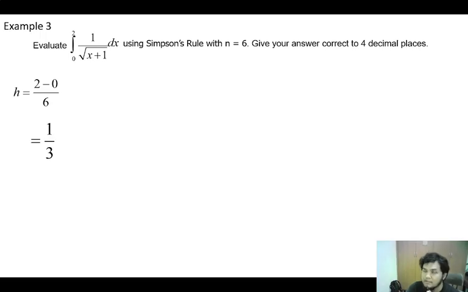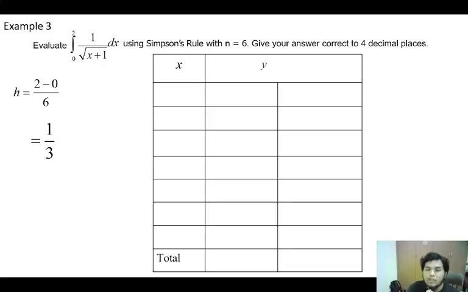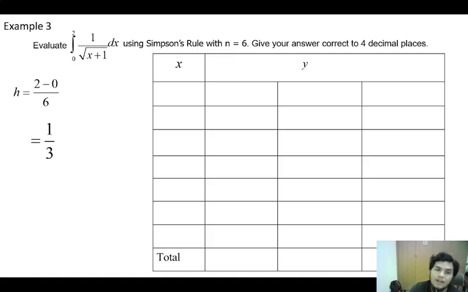From the last method of trapezium, we will draw this kind of table. We have x column and 2 columns for y, but for Simpson's rule, we will extend the columns of y to become 3 columns. Later I will tell you why we have to draw at least 3 columns for Simpson's rule.